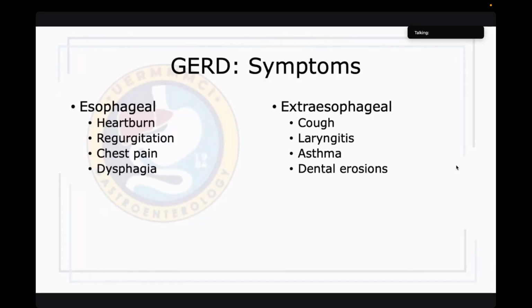Less common are dysphagia and chest pain, which should always be investigated. Other symptoms of GERD can sometimes include a globus sensation and water brash, and diagnostic evaluation should always be considered if patients present with extra-esophageal symptoms or atypical symptoms such as cough, laryngitis, asthma, or dental erosions.